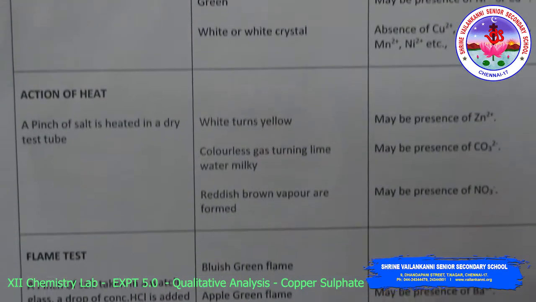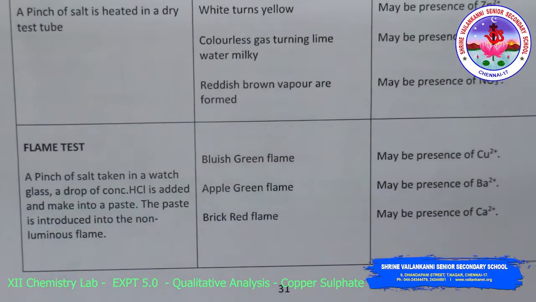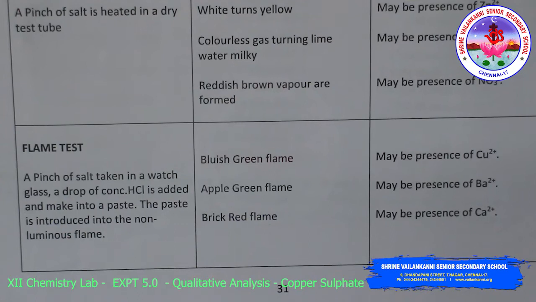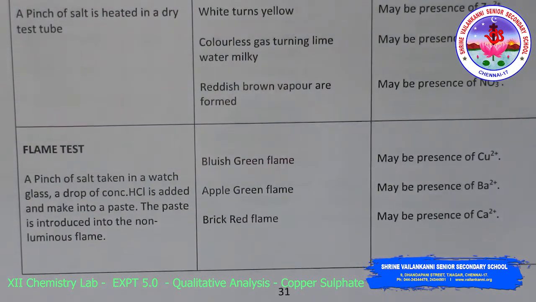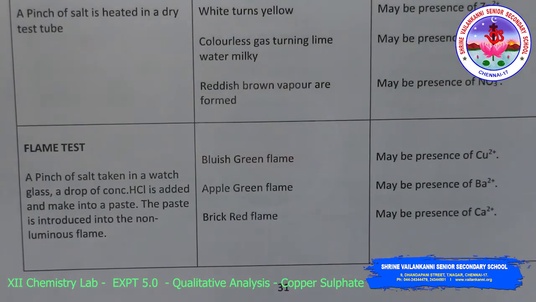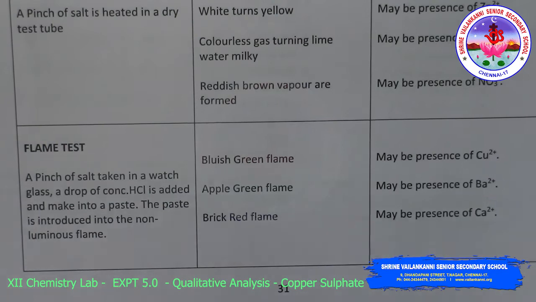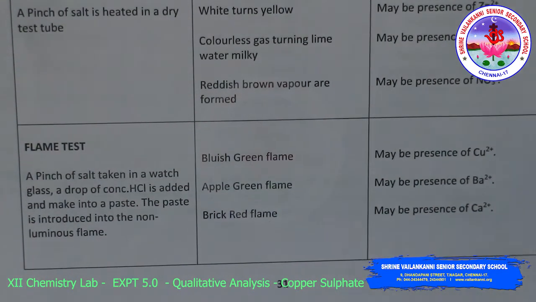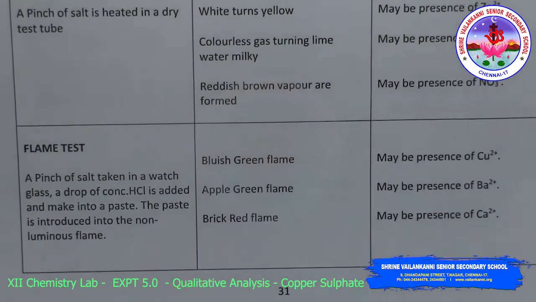Then the flame test. A pinch of salt is taken in a watch glass, a drop of concentrated HCl is added and made into a paste. The paste is introduced into the non-luminous flame. Bluish green flame means maybe presence of Cu2+. Apple green flame may be presence of barium. Brick red flame means maybe presence of calcium.